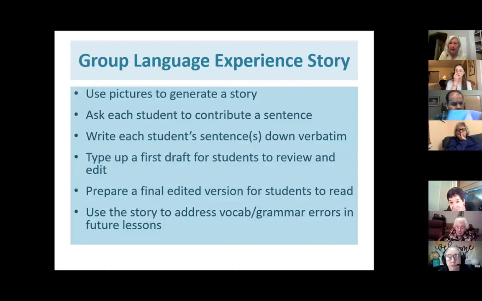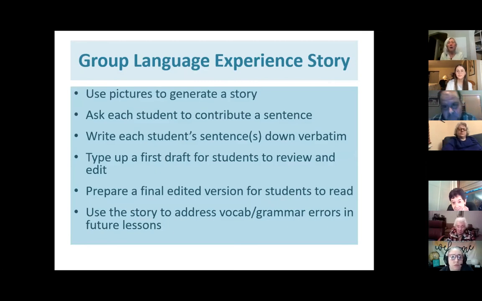Okay, how do we do this? You use pictures to generate the story. You go around to each of your students and have them contribute a sentence or two. You write down the students' sentences verbatim, with all the mistakes and errors that they make. Then you type up a first draft for the students to review and edit.